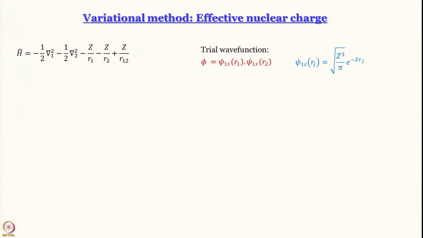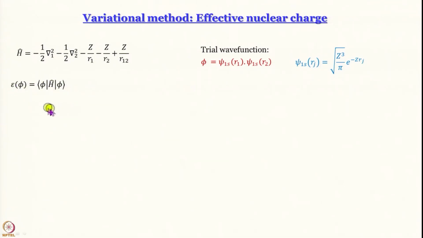Trial wave function again is the same wave function that we had in our orbital approximation, 1 electron hydrogenic wave function orbital. Next thing to do in variation method, as we know, is to find out this functional epsilon of phi, which is a similar expression as energy, just instead of the exact wave function psi, we are using the trial wave function phi.